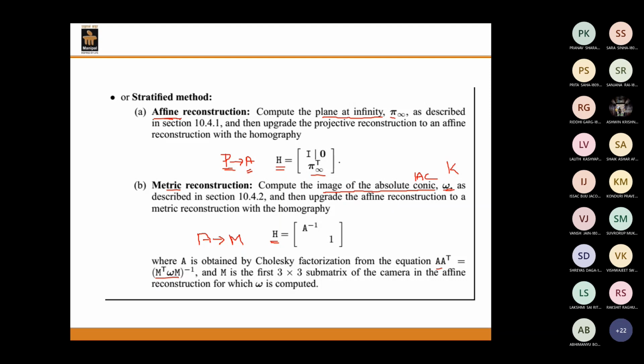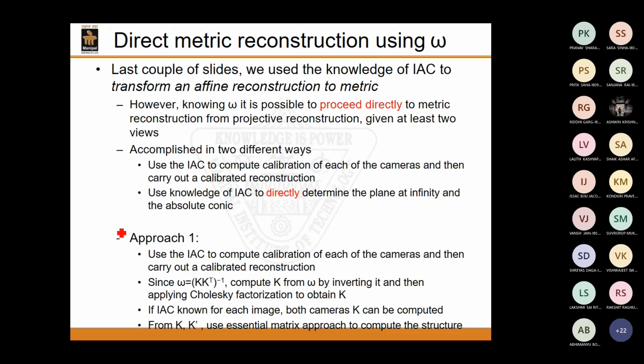Now in today's class, what we'll be discussing is the direct method. In the direct method, the reconstructed image from the projective space can be directly converted, or rectified is the name we use, to the Euclidean space.